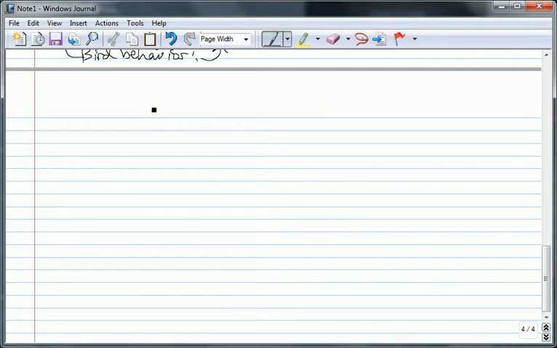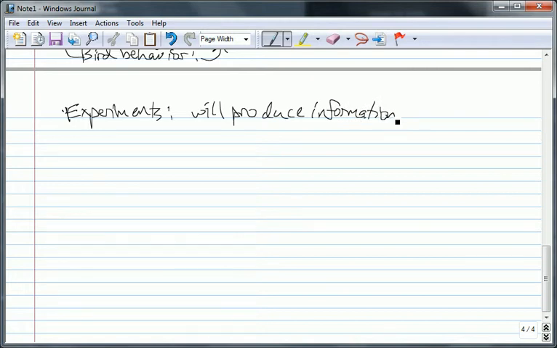So the other part of this is that these experiments will then produce data or produce information of some kind, either numbers.